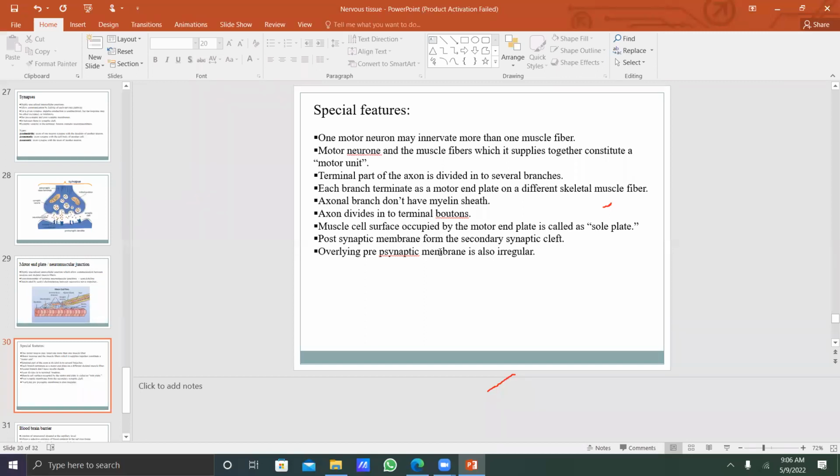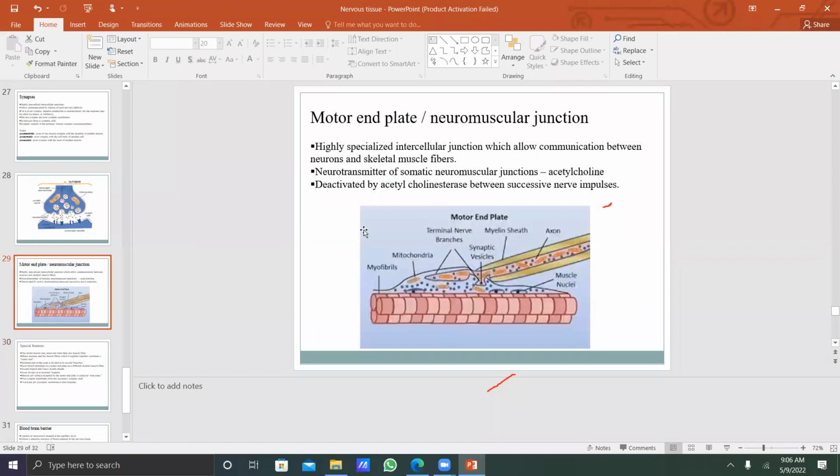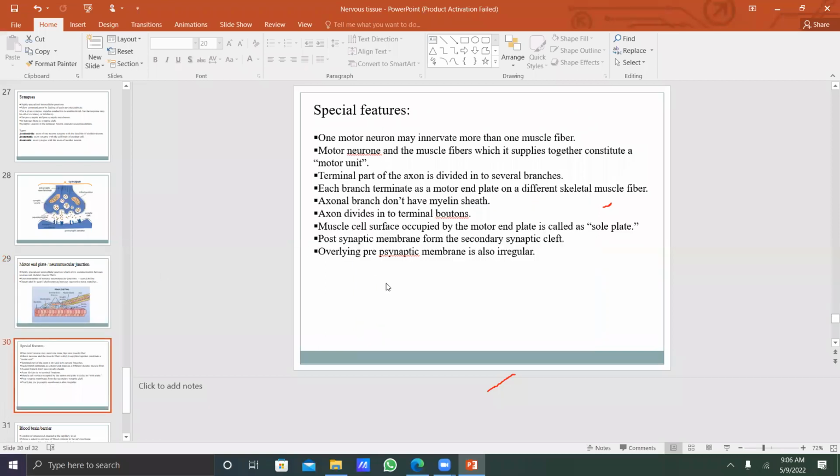Both the presynaptic membrane and the postsynaptic membrane are irregular. Because of that irregularity, there is a primary synaptic cleft and secondary synaptic clefts. These are the special features of the motor end plate.